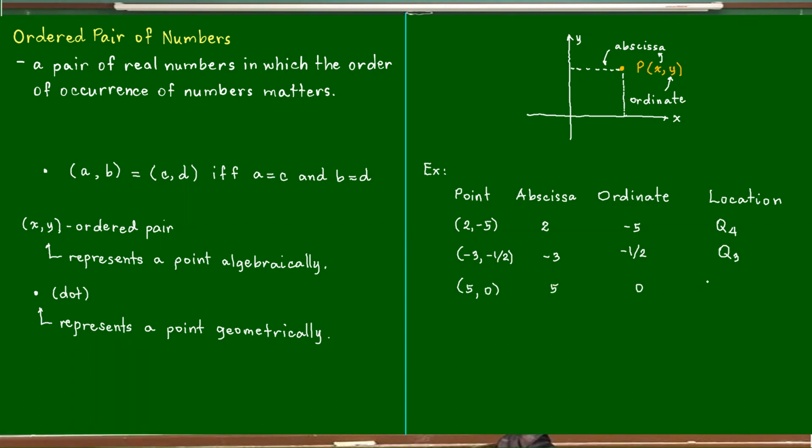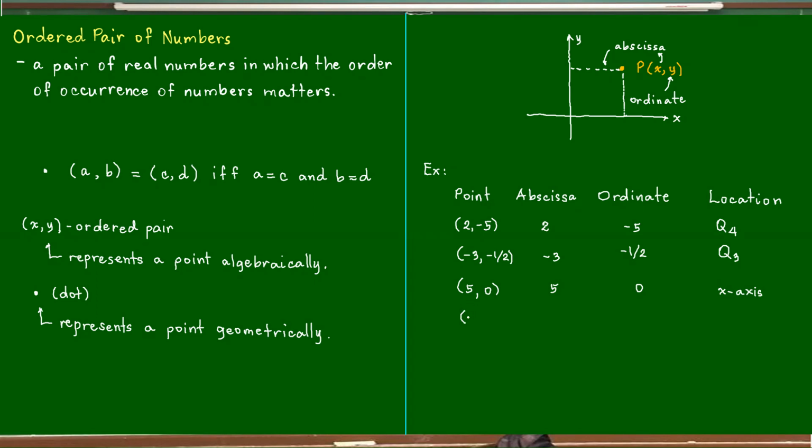So it's neither in any of the quadrants. So what is the location, guys? X-axis. So in other words, if the ordinate is 0 and you have a number here, it is located on the x-axis.